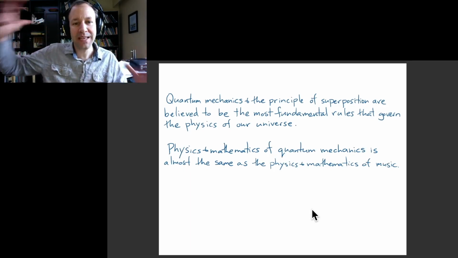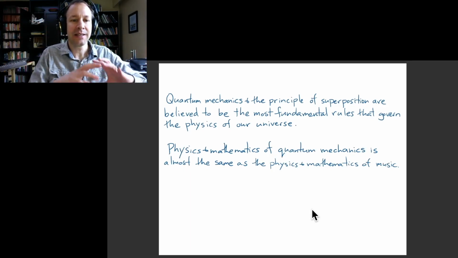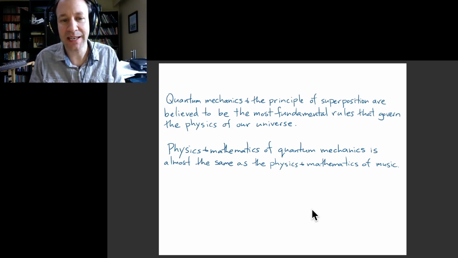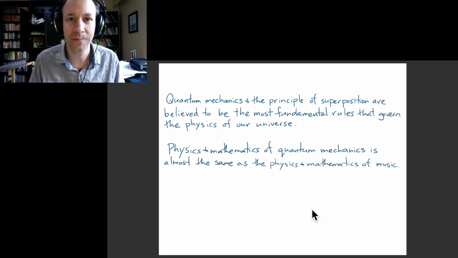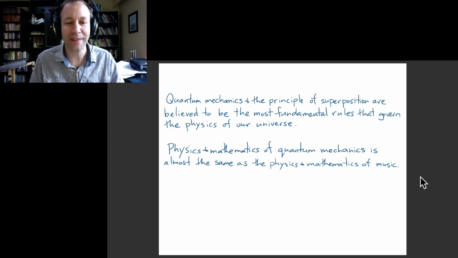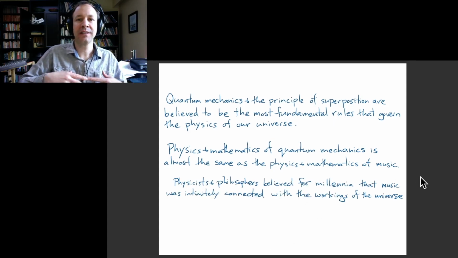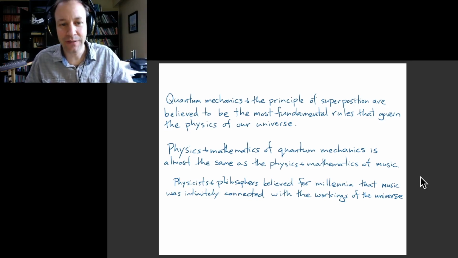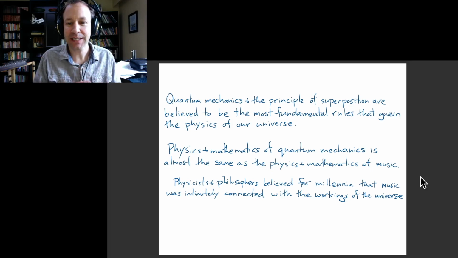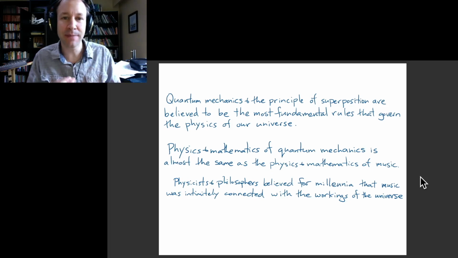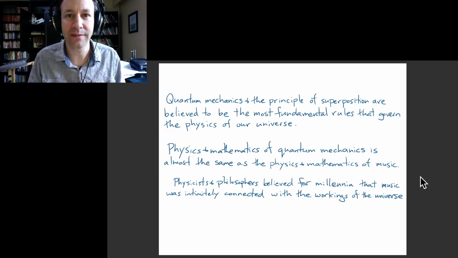And so what's amazing is that the physics and mathematics of quantum mechanics is almost the same, as I've tried to emphasize in this lecture, as the physics and mathematics that we use to understand music. This is really fascinating because for thousands of years, starting from the ancient Greeks, physicists and philosophers believed that music was somehow intimately connected with the workings of the universe.